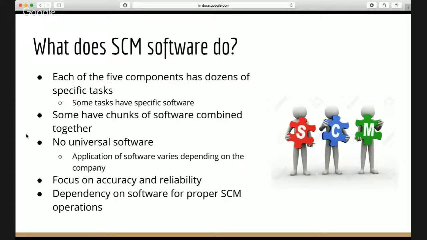So there's many different versions of supply chain management software, and it's up to companies in the end to choose what best fits them. But there's chunks of each software found in every form of software. So it's really up to them as to what application really works best for them. And it focuses on accuracy and reliability, as well as it has a high dependency on software for proper supply chain management operations. So it really is the center of the supply chain and its productiveness.